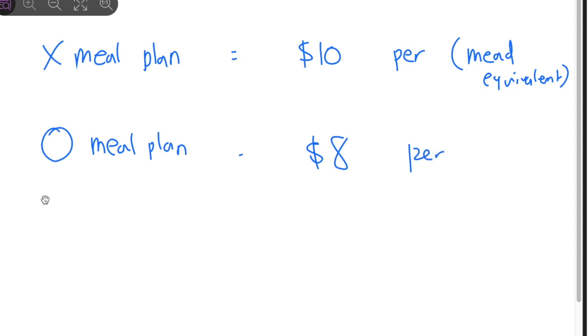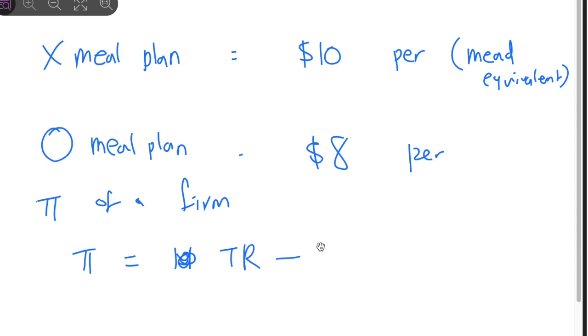So how can we capture the profit of a firm? The profit equals total revenue negative total cost. How can we capture the total revenue? It's price times quantity. And what about the total cost? It is cost times quantity.